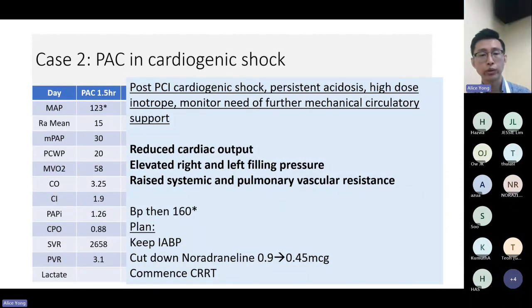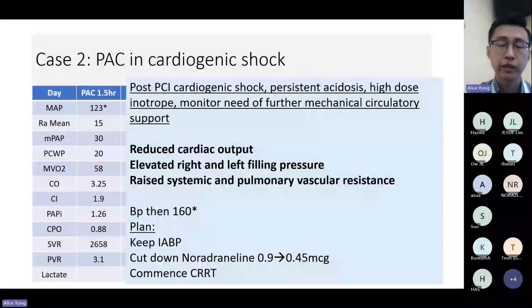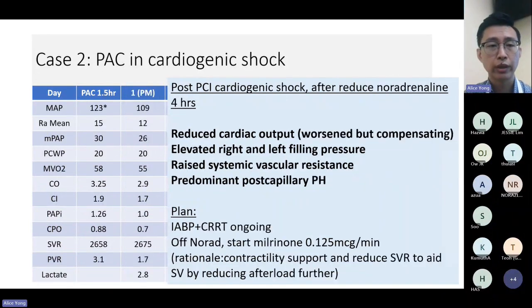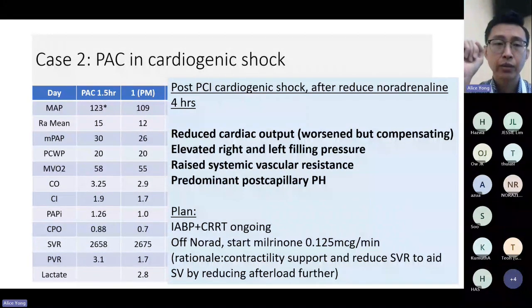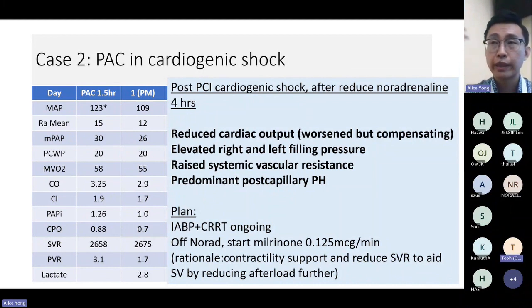So what we do is we keep the IABP. We know that the IABP can help to reduce afterload and improve contractility. We reduce the noradrenaline and get the nephrologist in for CRRT for the acidosis. When we cut down the noradrenaline, there's not much change in the SVR yet, because the body tries to compensate by constricting itself against a sudden, very low cardiac output.